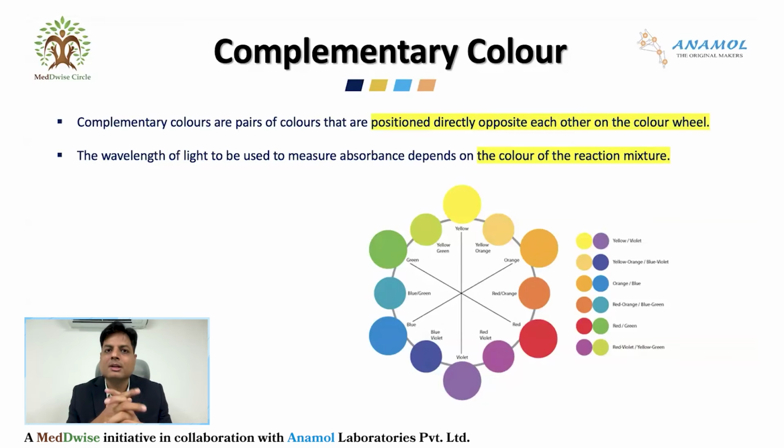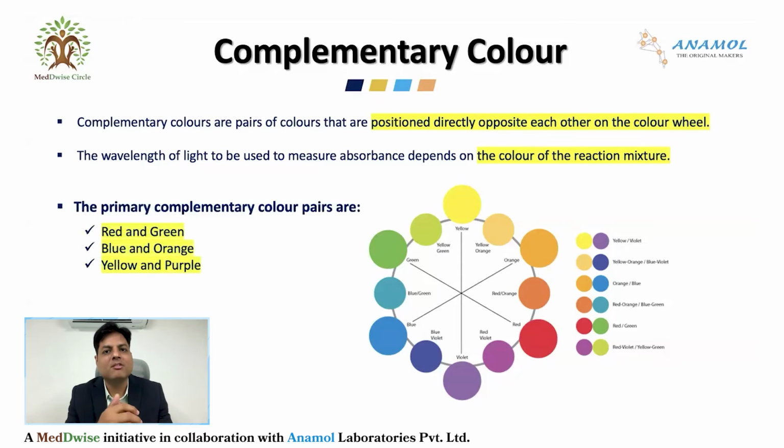The reason is that blue and orange are complementary to each other. Therefore, a blue colored solution will maximally absorb orange light. So here we have given some common examples of primary colored pairs. Red pairs with green, blue pairs with orange, and yellow pairs with purple.